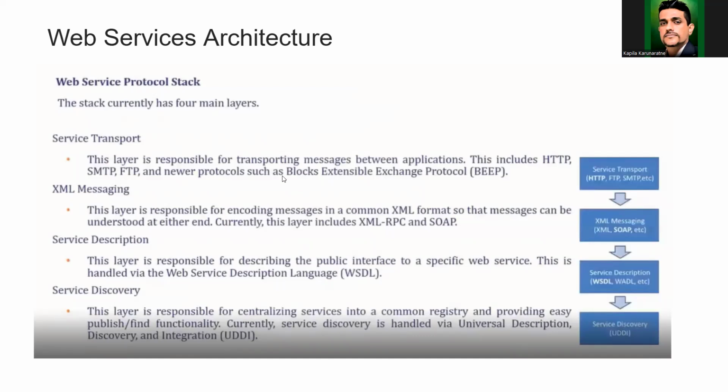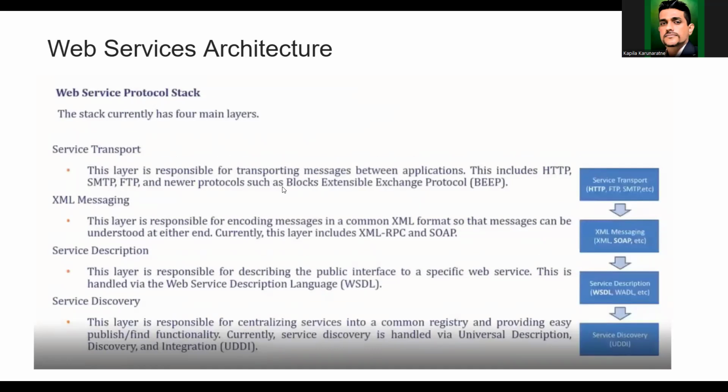Service transport will go by HTTP, and the messaging will go in XML. Service description you can do as a WSDL or something like that, and the service directory is UDDI or something like that. So this is how it communicates.